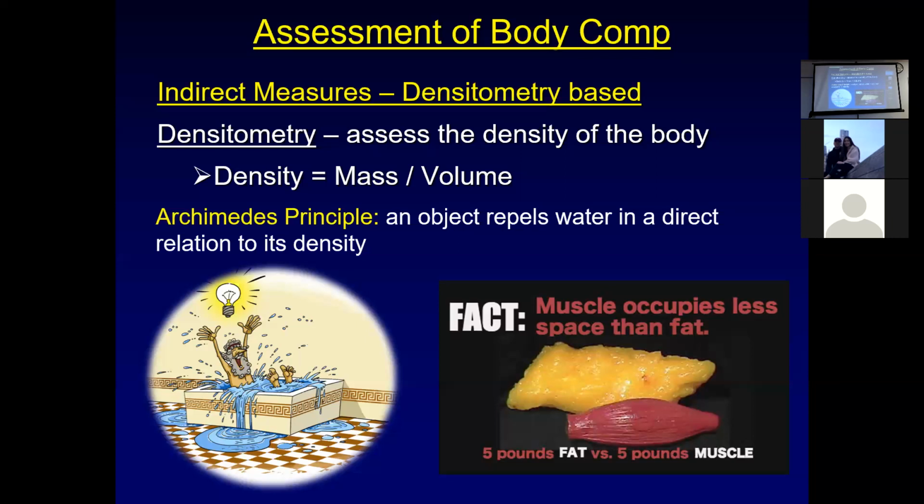Water has a density of 1 gram per cubic centimeter, which is basically 1 gram per milliliter. Muscle is about 1.1. Muscle is mostly water, but with the protein, it's more dense than water. So muscle sinks in water. Fat has a density of about 0.9 grams per cubic centimeter. So fat is less dense than water.